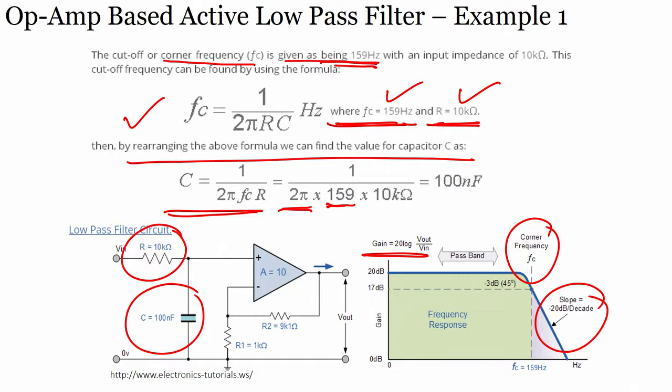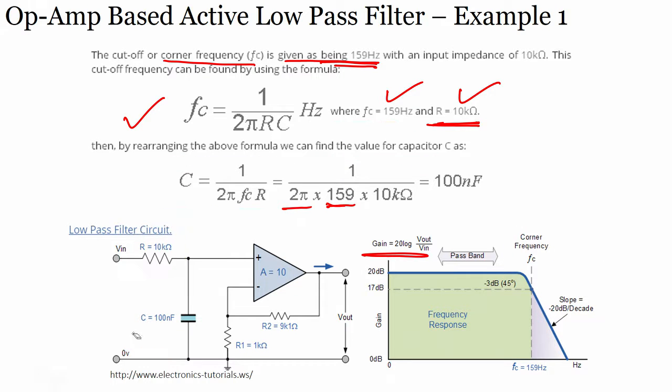If I use a double pole, it will be minus 40. If I go on increasing, I will get this slope closer and closer to my ideal value. So, from this we understood that with the formula that we have, we can design a low pass filter.